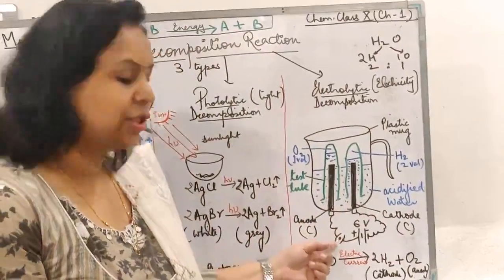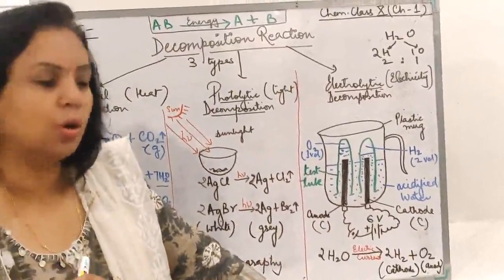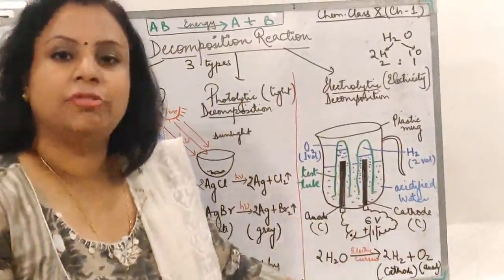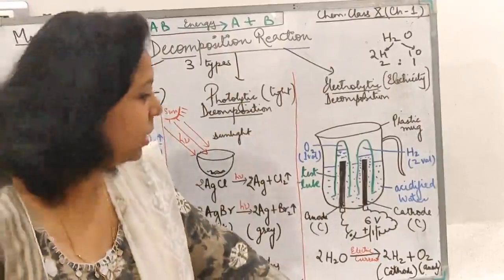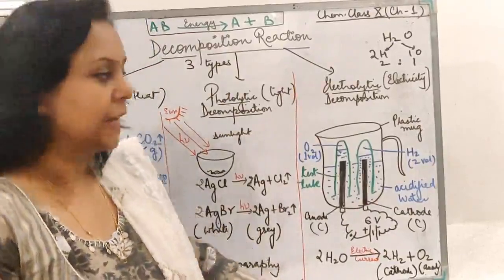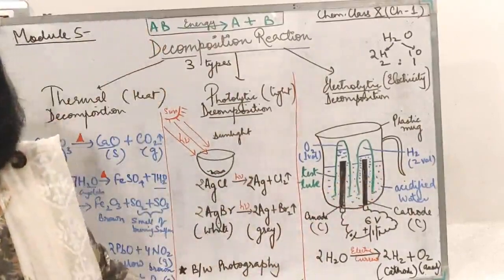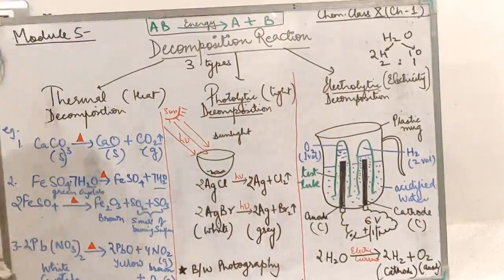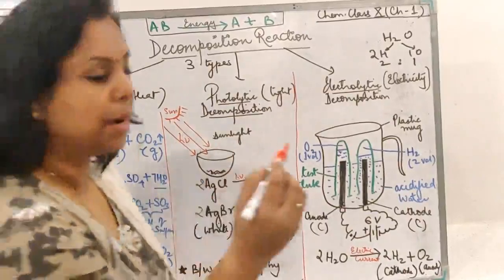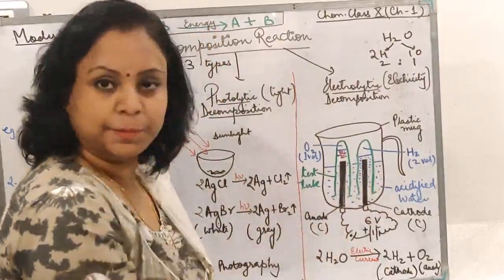Now when the switch is closed, the electric current flows through this acidified water. We observe after some time that in these test tubes some gases are collected, and we also observe some bubbles coming out in the water.